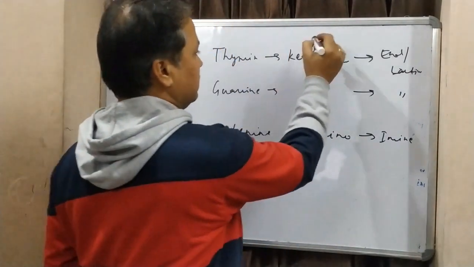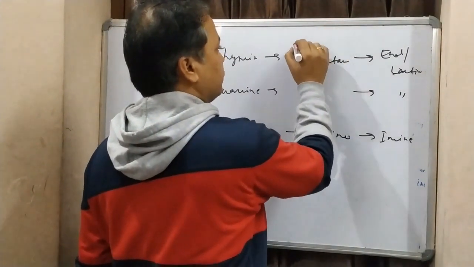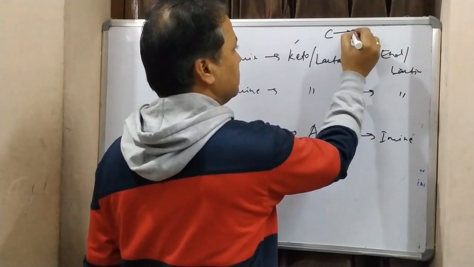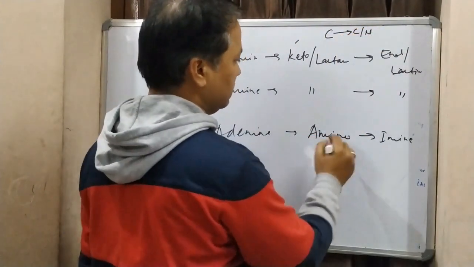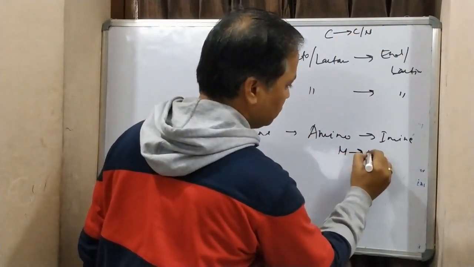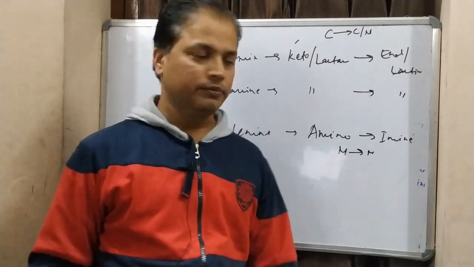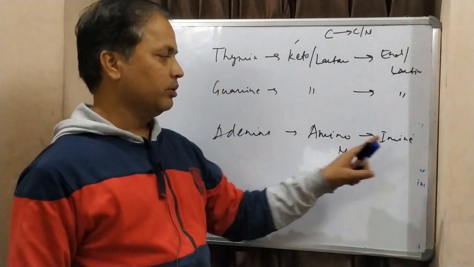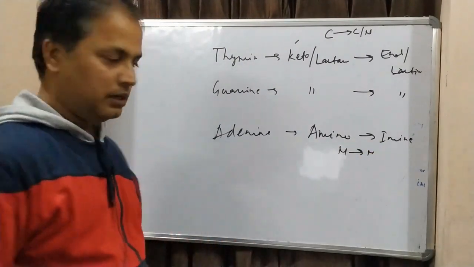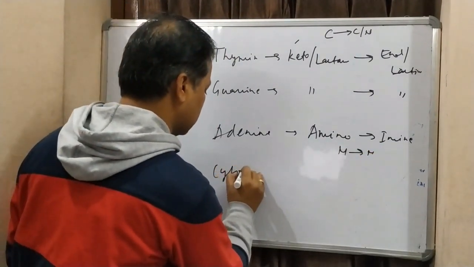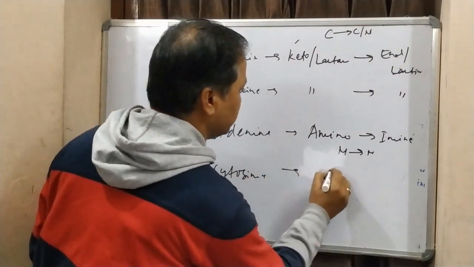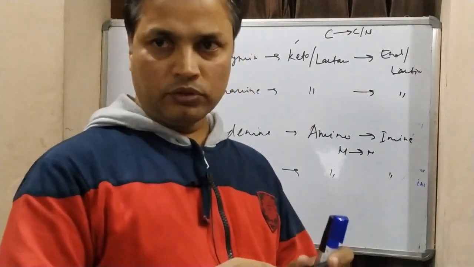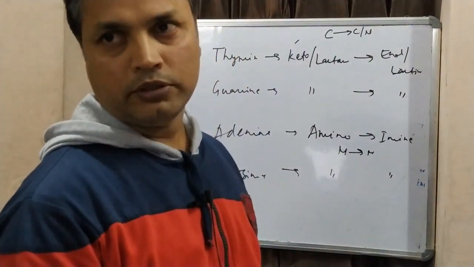In case of keto or lactam, it will be carbon to carbon or nitrogen. In this case, it is nitrogen to nitrogen, hydrogen movement will be there. So adenine exists in two forms, amino and imino. Similarly, cytosine is also present in amino and imino forms. So the structures, I will put it and you can see it.